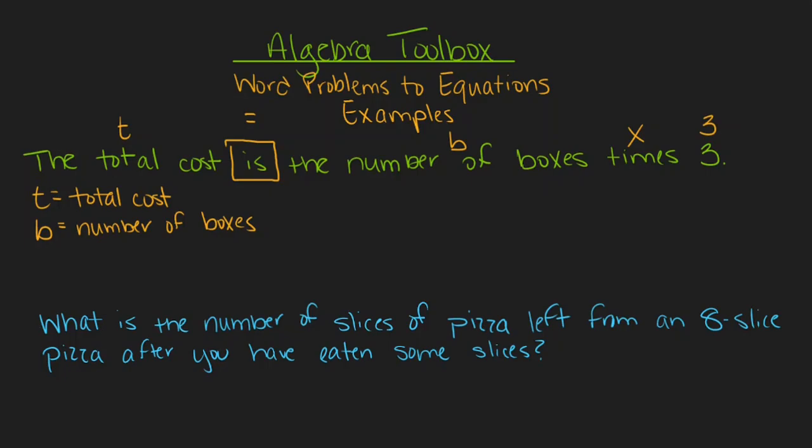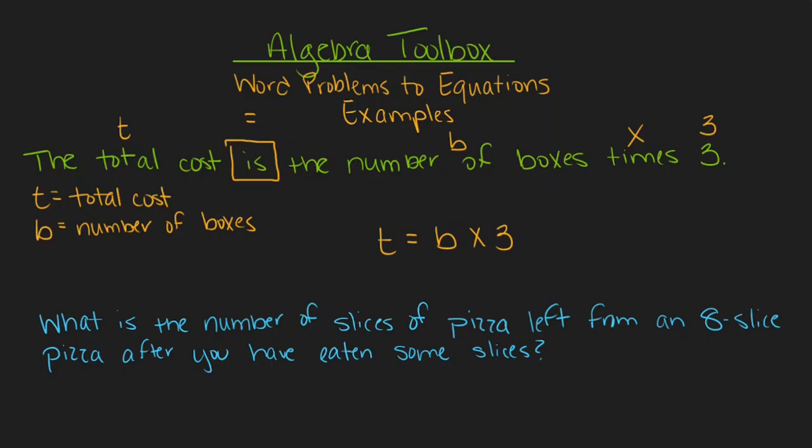Now that we have all of our parts figured out and we've defined variables where we need to, we can take each of the sections of this word problem and keep them in the same order in this case and turn it into a mathematical equation. So we get T equals B times 3. Now we have a more consistent way or a more popular way to represent multiplication between a variable and a constant like 3.